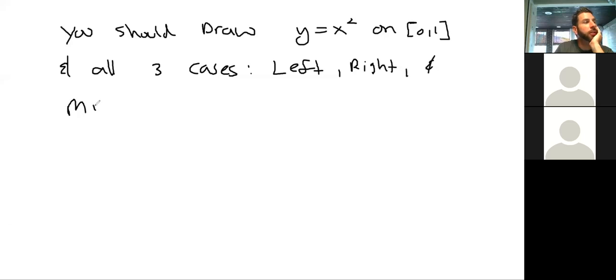So we did the left and right for you last class, but you should do it again for practice. And you should draw the curve, and then you should draw the rectangles, and you should do this computation. This is the best way for you to learn it.